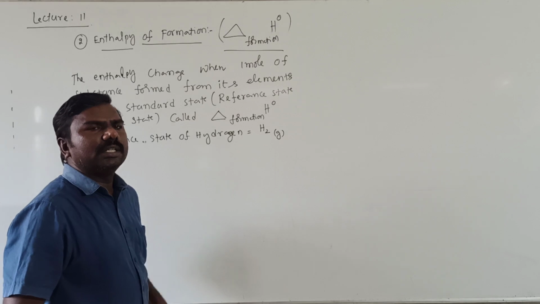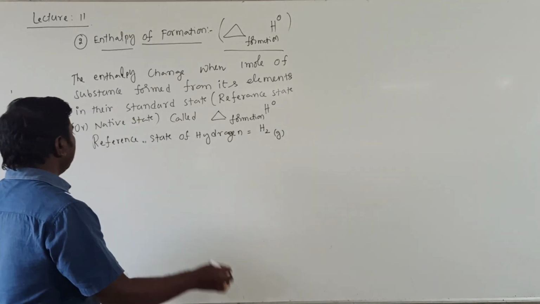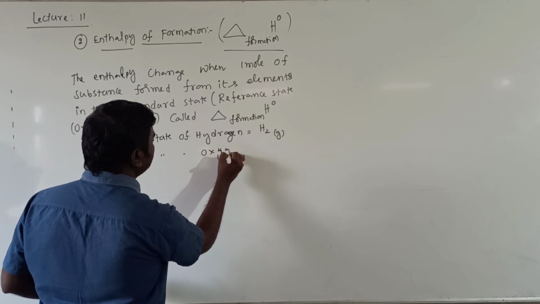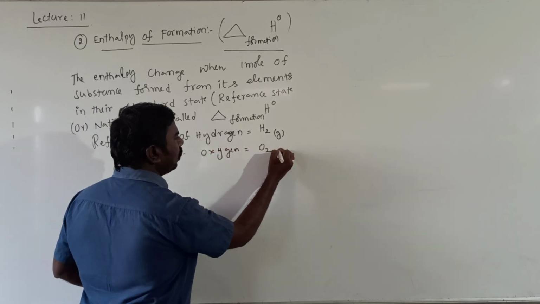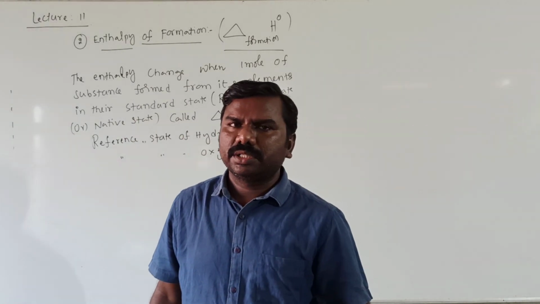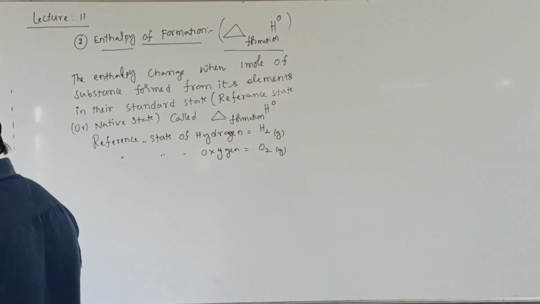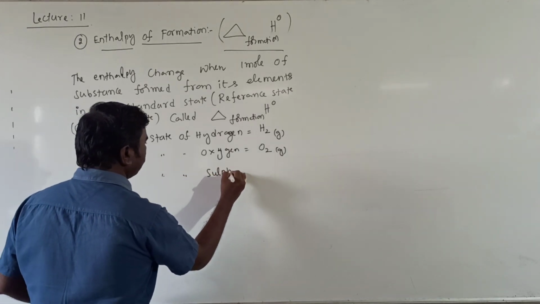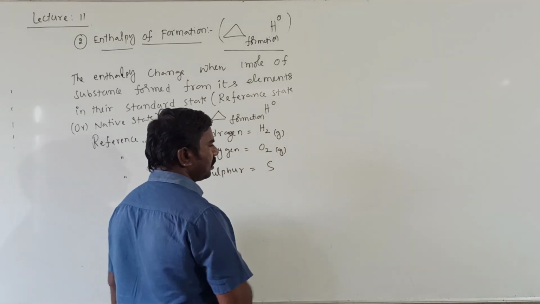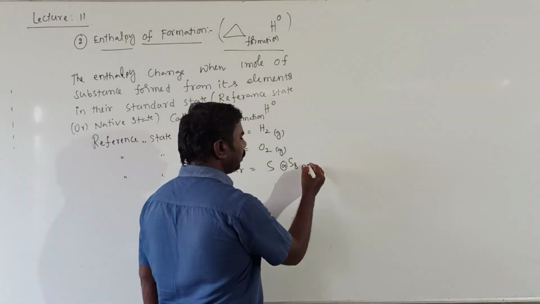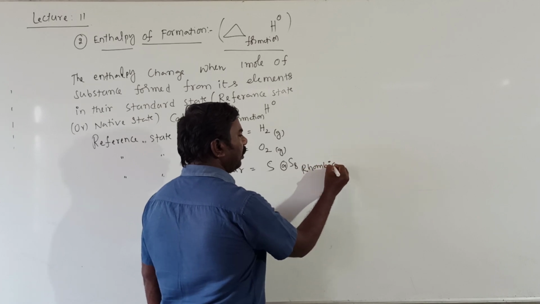Very, very important, physical state also. Next, reference state of oxygen is O2 in a gaseous form. Reference state of sulfur is S, otherwise you can take it as S8. This is rhombic sulfur. Very, very important.